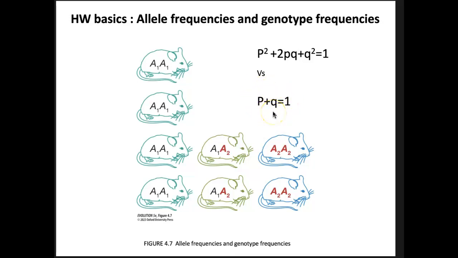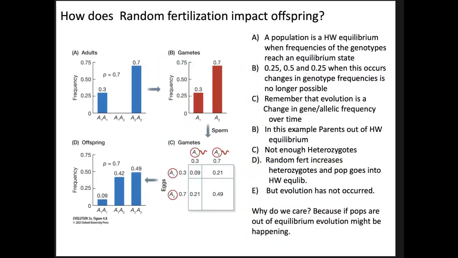What's the total number of each in terms of the percentage, right? And so we know that in our equation here, p plus q equals 1. So what that basically means is the frequency of the dominant alleles plus the frequency of the recessive alleles equals 1. Okay, so those are the things that we need to remember for our next slide.